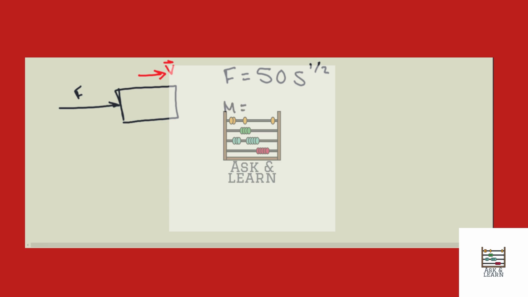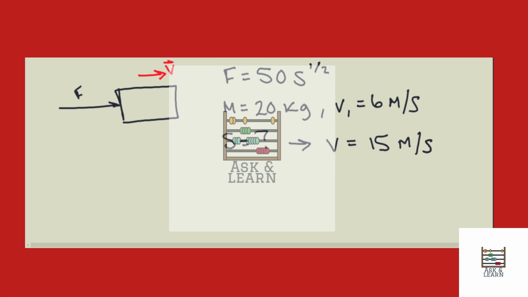We're also given the mass of this block, which is 20 kilograms, its initial velocity, which is 6 meters per second, and we want to find the distance it travels when the velocity is 15 meters per second. This velocity we'll call v2. This block also experiences friction, and so we're given the coefficient of kinetic friction as 0.3.